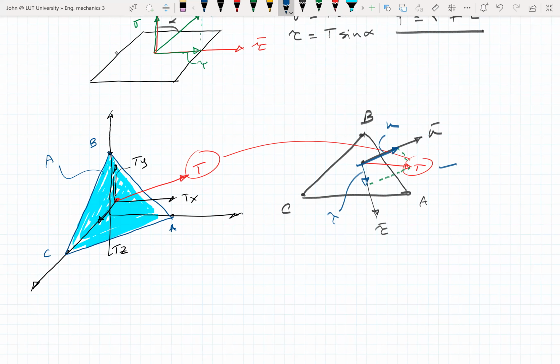And it's going to produce a normal stress here and a shear stress here, represented by these 2 components.